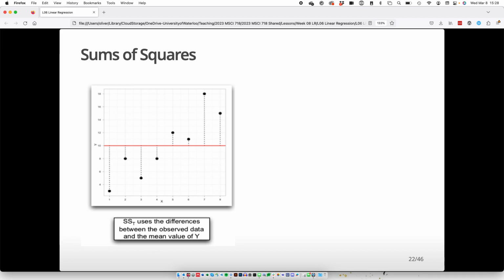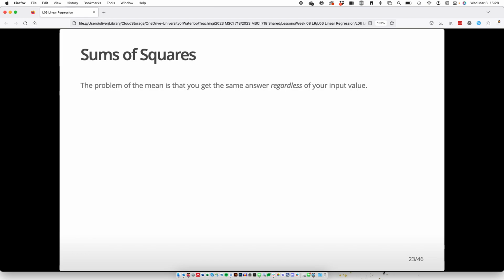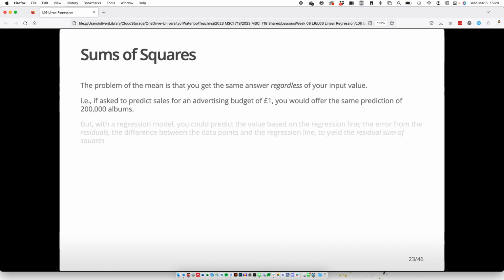That's variance. The problem is the mean gives the same answer regardless of your input value. That's that horizontal line. So if you predicted 1 pound, you'd offer the same prediction. With a regression model, you can predict the value based on the regression line, and the error from the residuals, the difference between the data points and the regression line, gives the residual sums of squares.